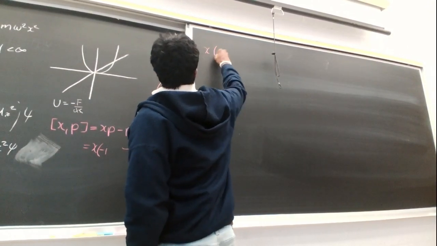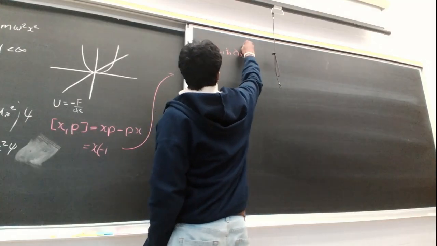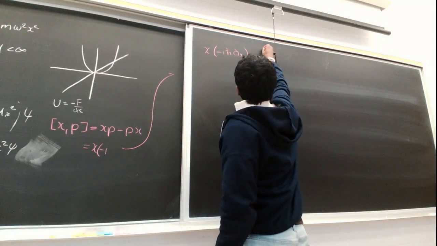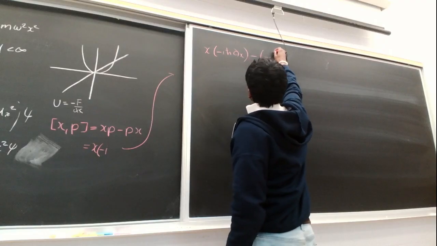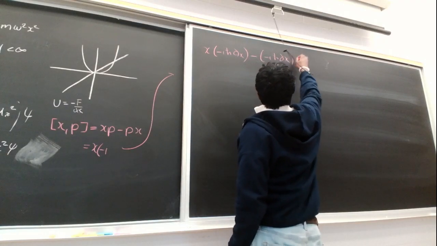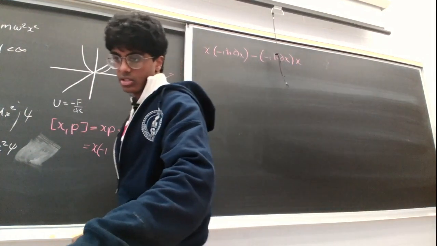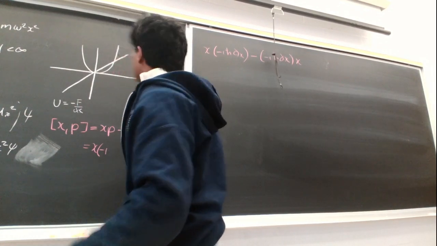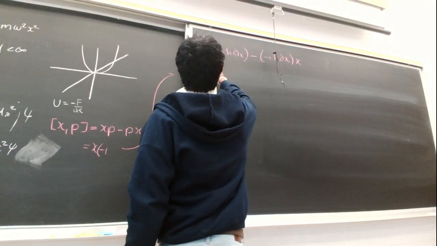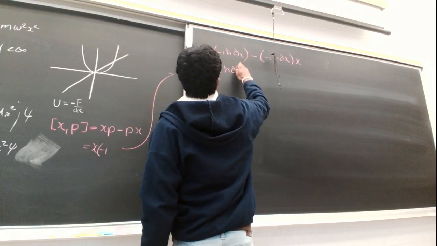Okay, so that's x, negative i h bar d/dx, minus negative i h bar d/dx, x. If you were to do this to a function, then this is just literally negative i h bar x d/dx.